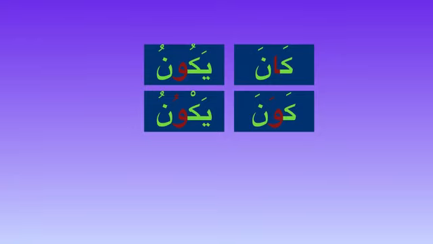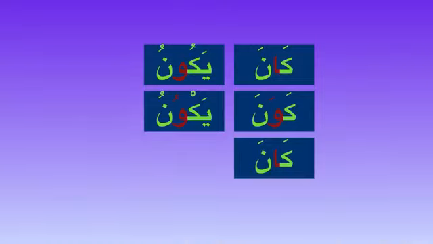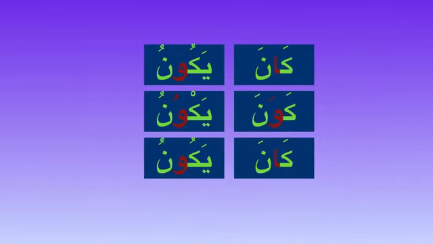Now we know the waw will pass on the vowel sign to the kaf and it becomes yakunu, and kawana becomes kana. So that is how it is conjugated. We're going to conjugate all the forms of this verb because we're going to learn in detail inshallah.